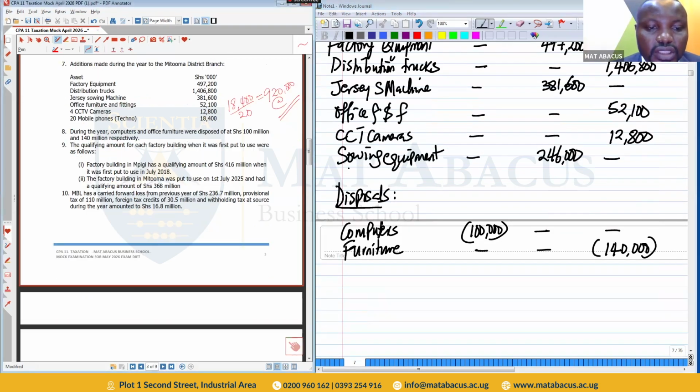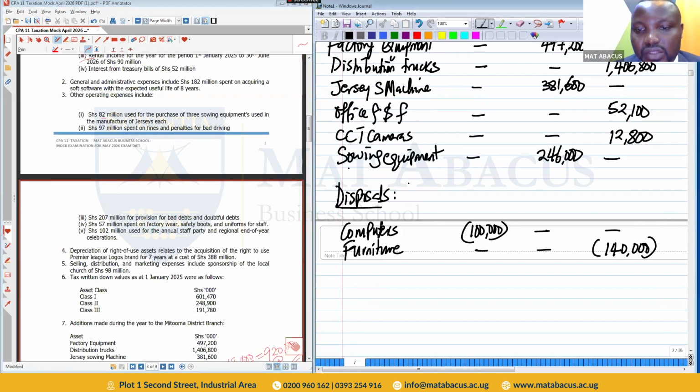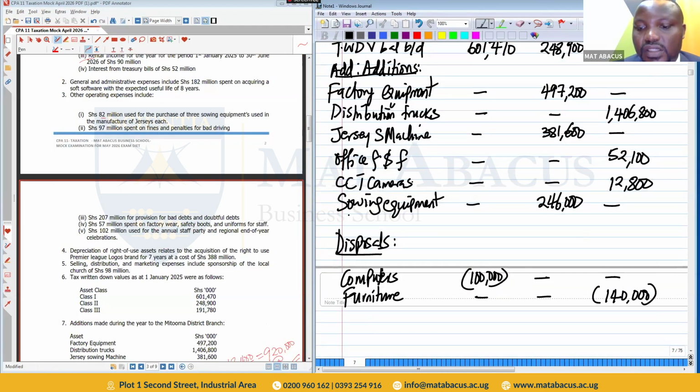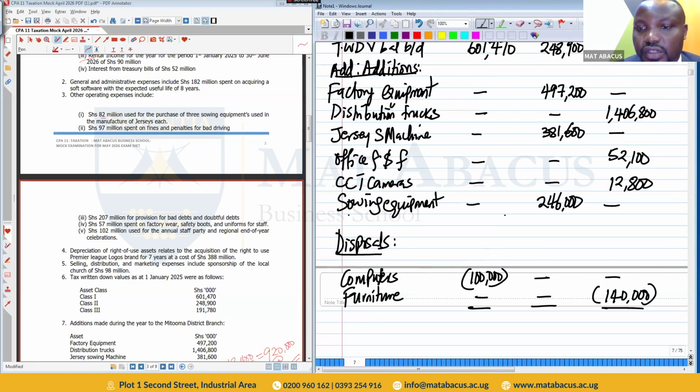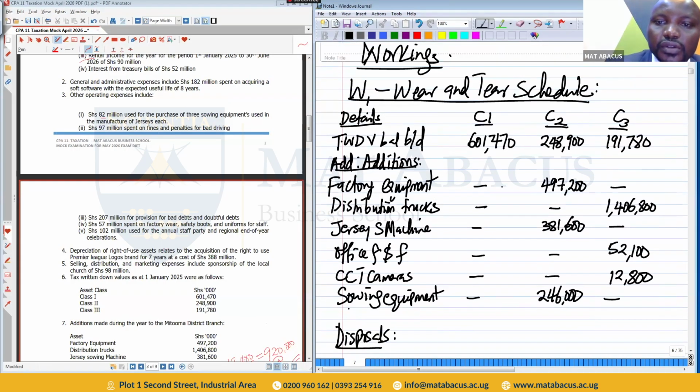Then you need now to balance off. To balance off is to get the subtotals for each, before you put the depreciation allowances. What you also need to note is that class 1 is at 40%, class 2 is 30%, and class 3 is 20%.